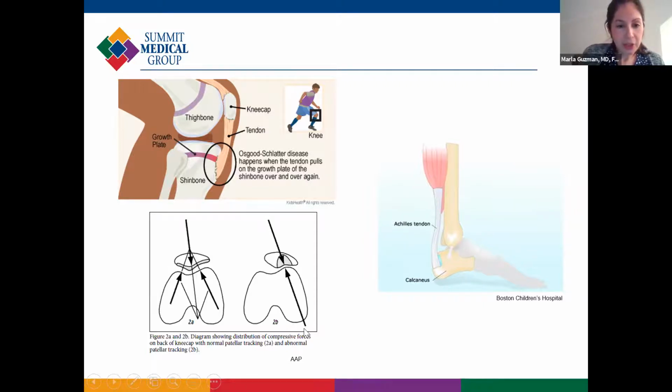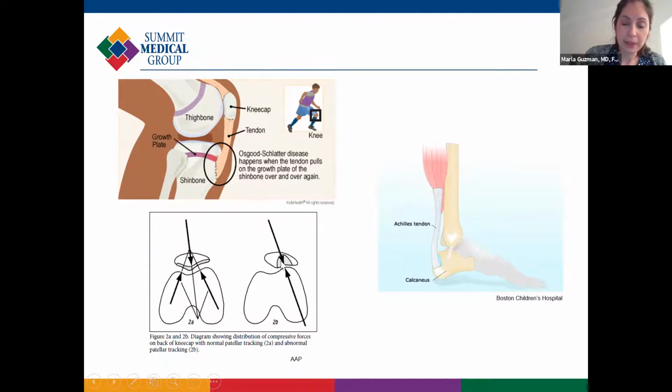Now, the last type that I'll talk about is something called patellofemoral syndrome. And this is here at the bottom left. You're kind of looking down at the femur, which is the top part of our leg, and the patella, which is the kneecap.